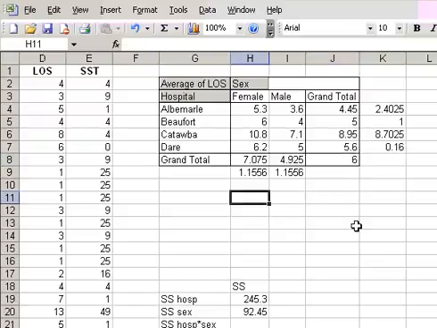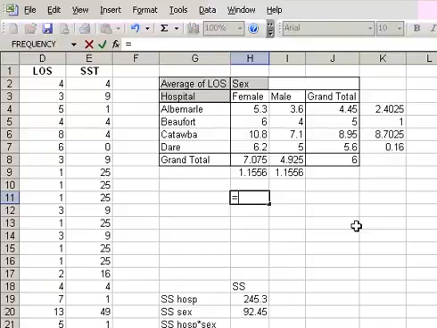So we will carry out those calculations beginning in cell H11 with equal first the mean length of stay for females in Albemarle minus the mean length of stay for females, and that will be fixed with an F4 so that we will always be in row 8, minus the mean length of stay for Albemarle, and that will be fixed with an F4 so that we will always be in column J, plus the grand mean fixed with an F4 so we will always be in cell J8.